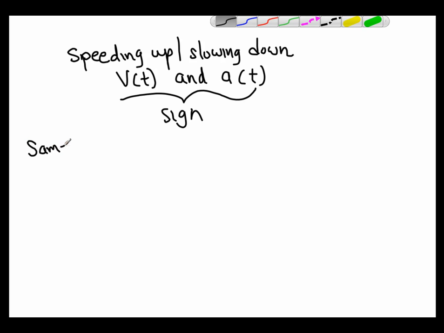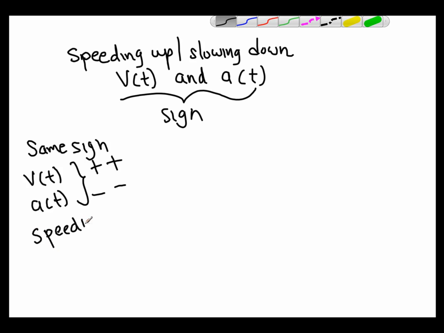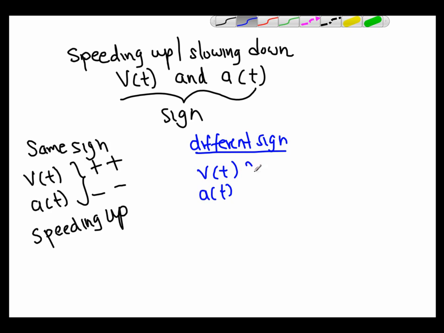So same sign, v of t and a of t: positive, positive, negative, negative, that means that the particle is speeding up. When they have different signs, v of t, a of t, positive, negative, negative, positive, then the object is slowing down. So, okay.